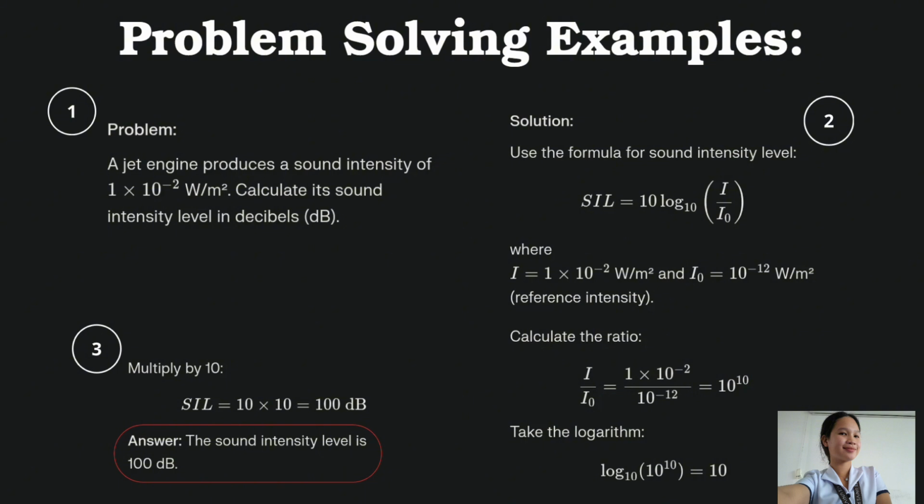So the sound intensity level of the jet engine is 100 decibels. So our final answer is 100 decibels. That means the jet engine is extremely loud. 100 decibels is already a level that can damage hearing with long exposure.